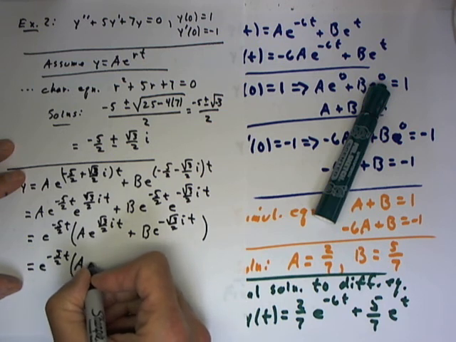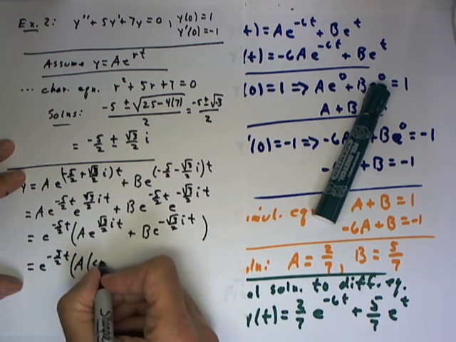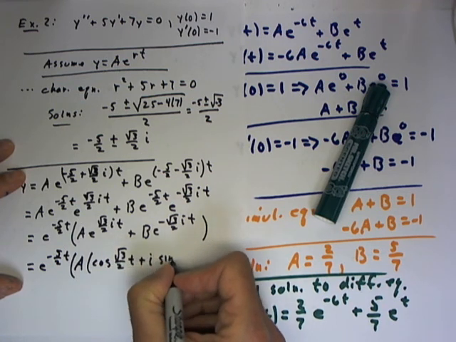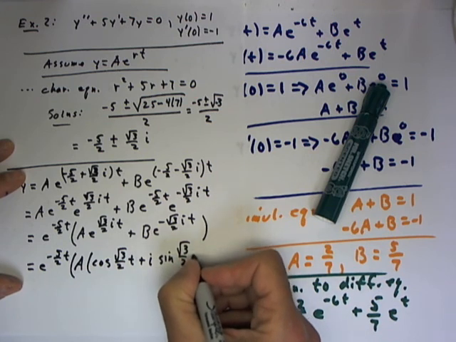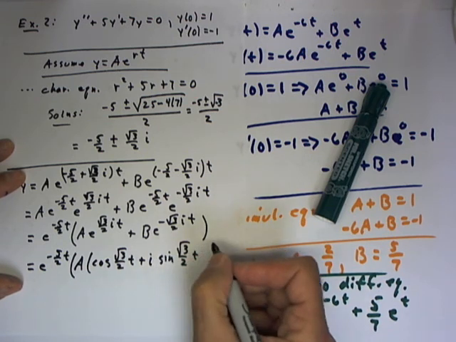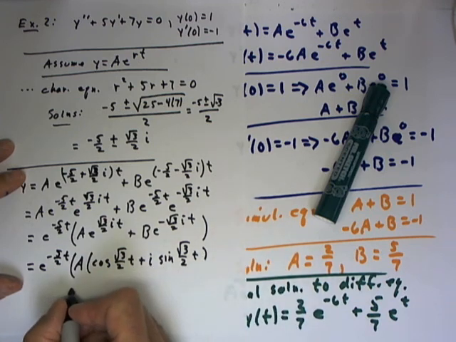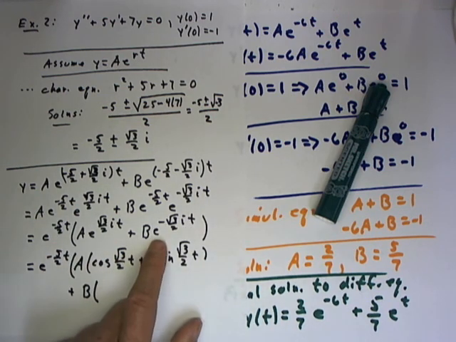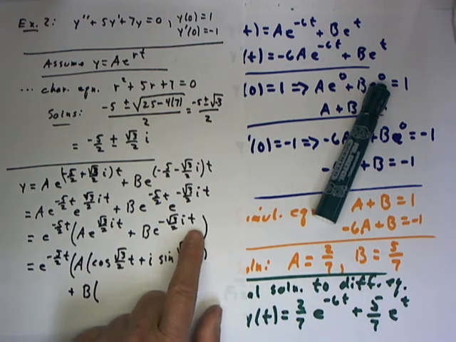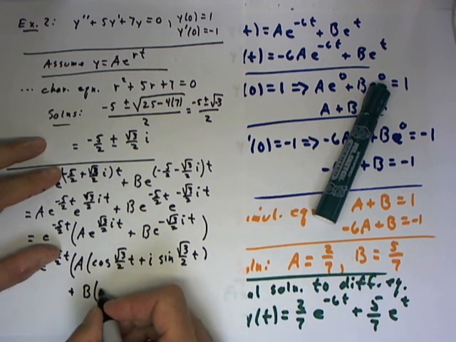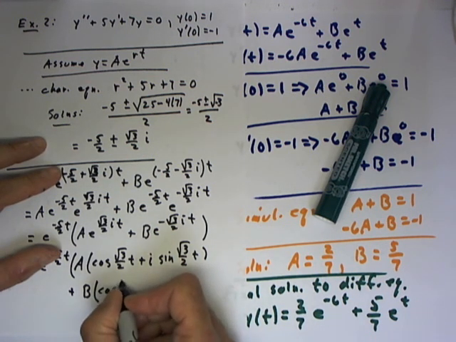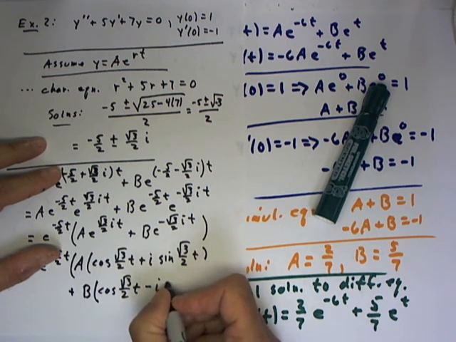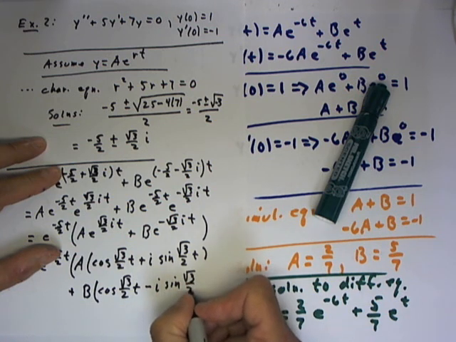So, writing that out, we have a times cosine square root of 3 over 2 t plus i sine square root of 3 over 2 t, and then plus b times e to the negative square root of 3 over 2 it, which, as we've seen previously, is going to give us cosine of square root of 3 over 2 t minus i sine square root of 3 over 2 t.